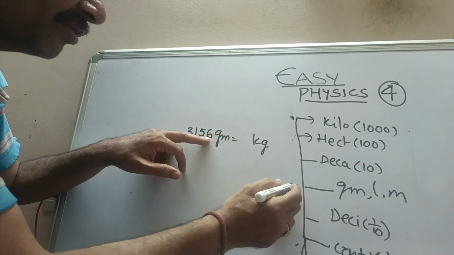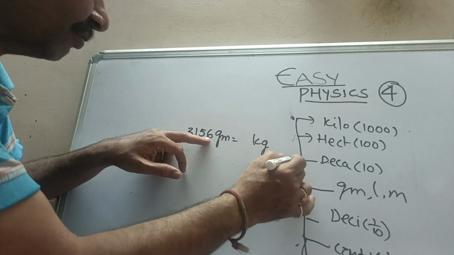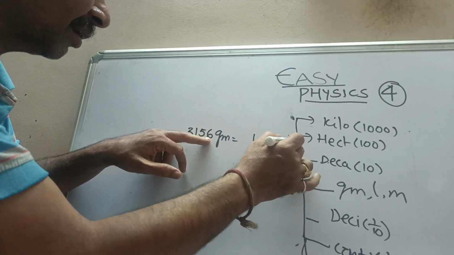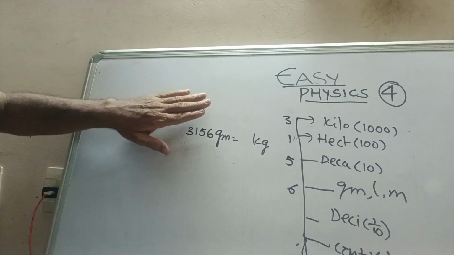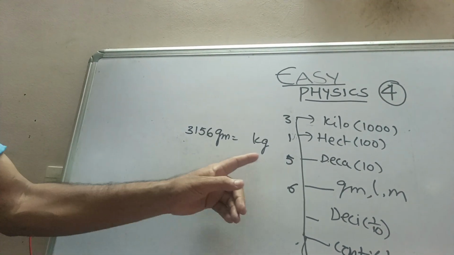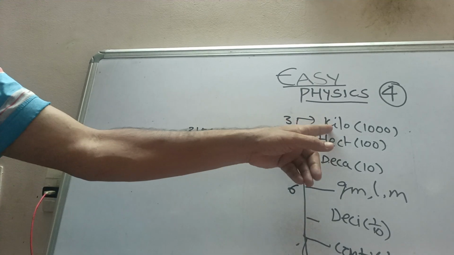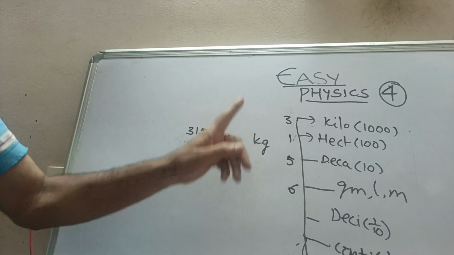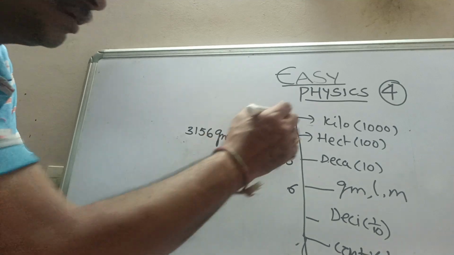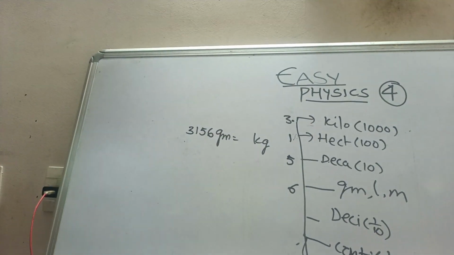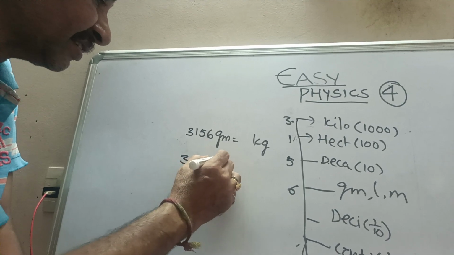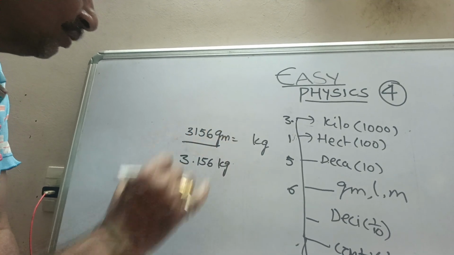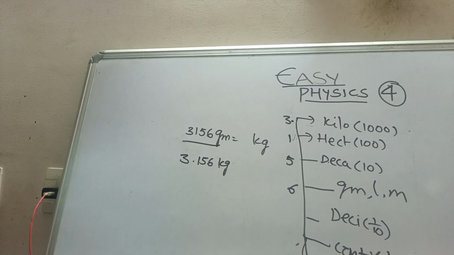So grams 6, 5, 1 and 3. Okay, 156 is filled. But you have to convert to kilograms, and already there is a number in the kilograms place. So only after the number you have to keep the decimal. So 3.156 kilograms is equal to 3,156 grams.